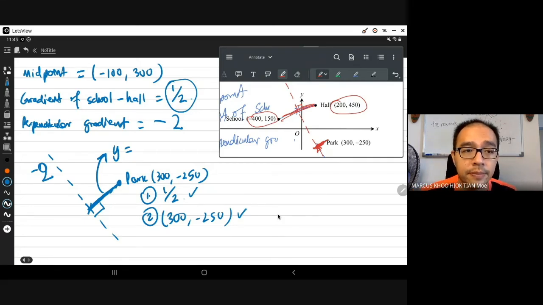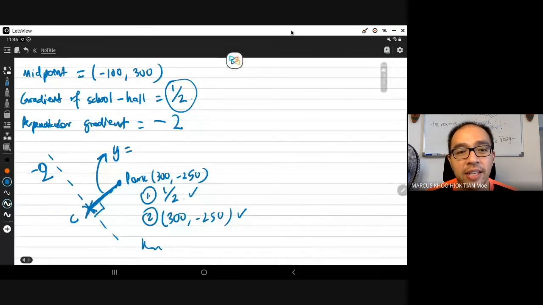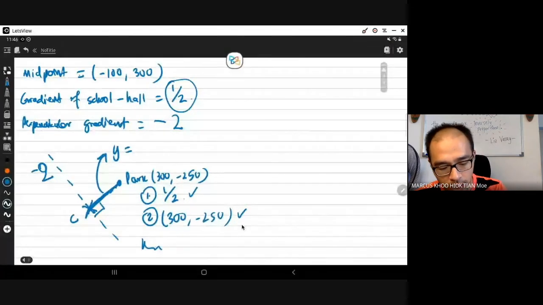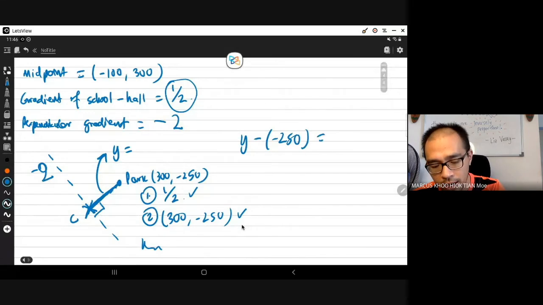Try and see. Give me the equation of the straight line between the park and the clock tower. The equation that relates to this is y minus negative 250 equals half x minus 300.